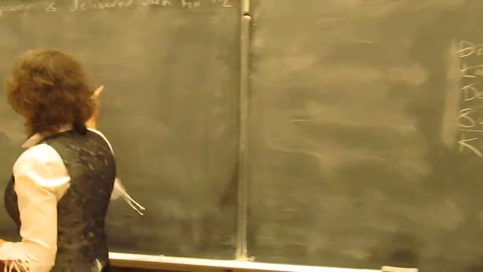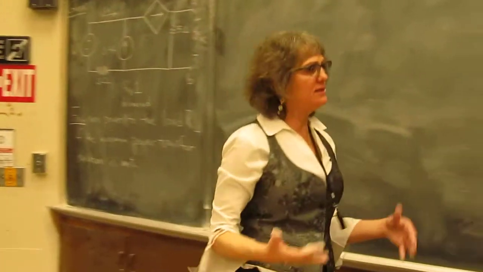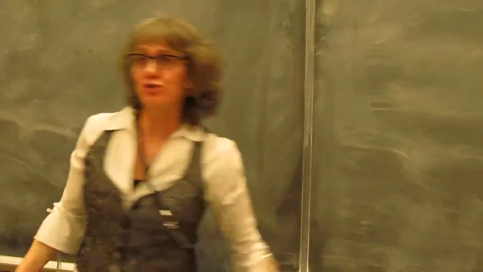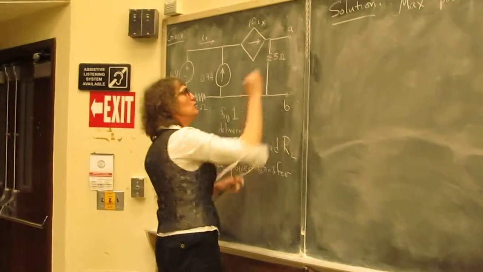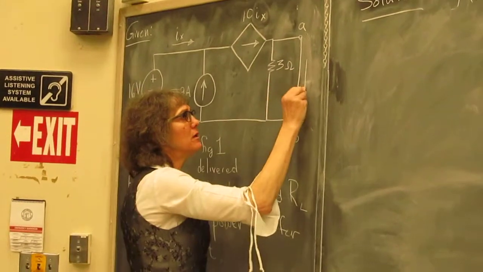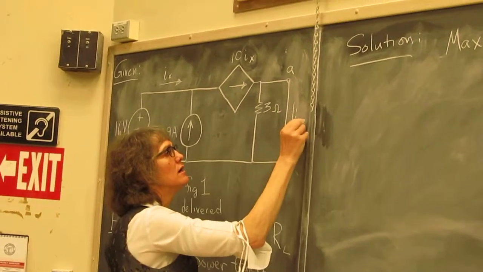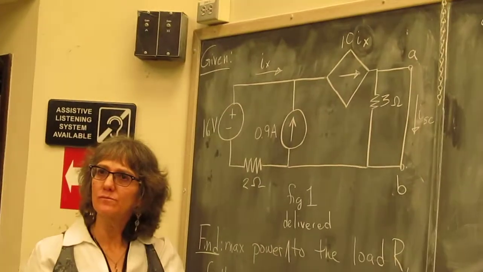The short circuit current is similar to the open circuit voltage, but instead of leaving the terminals A and B open, you short them. There they are. And then you just label a current there, which is the short circuit current. So that's what I'm looking for.